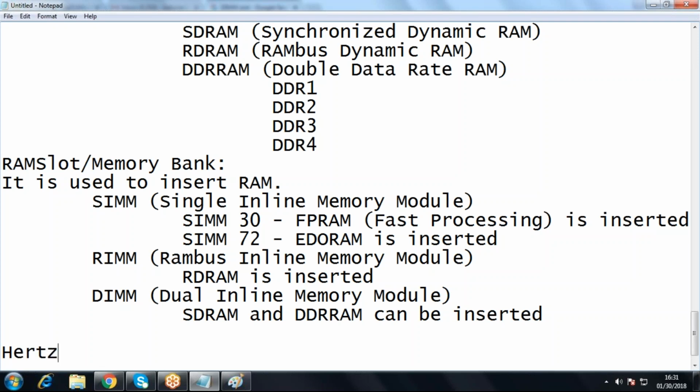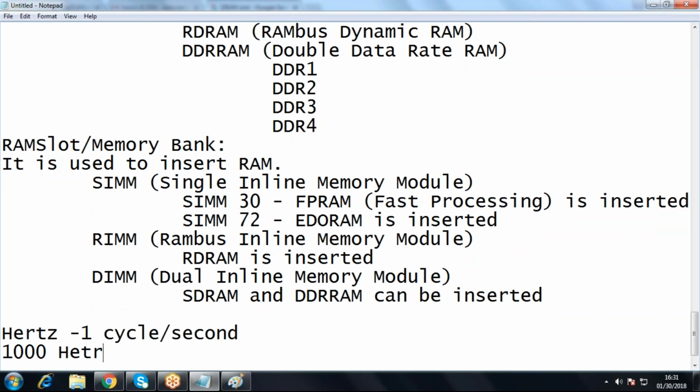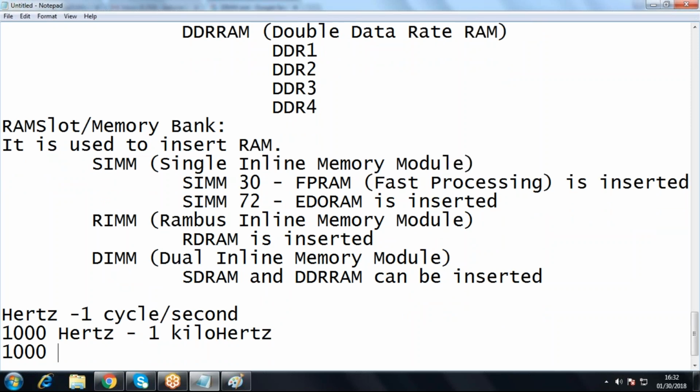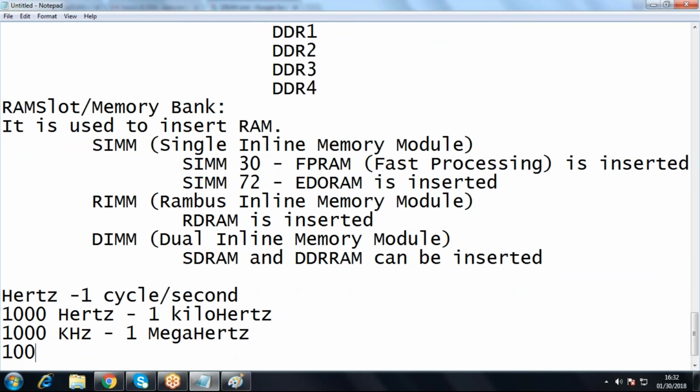Speed is measured in hertz, which is 1 cycle per second. 1000 hertz is 1 kilohertz. 1000 kilohertz is 1 megahertz. 1000 megahertz is 1 gigahertz.